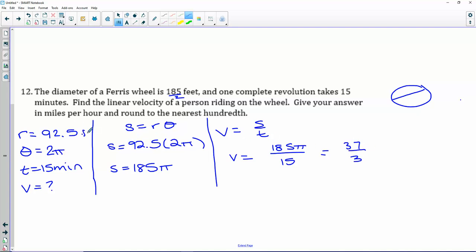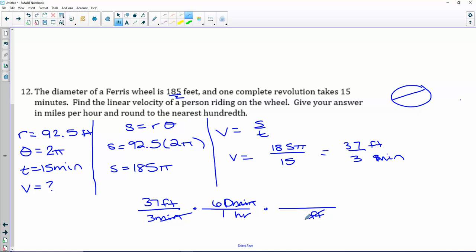R was in feet. So this is feet per, my time was in minutes. Okay, so now if I want to convert to miles per hour, if I need to get rid of my minutes, they can go on top. I know 60 minutes is equal to 1 hour. If I want to get rid of feet, they go on the bottom, and I want miles.